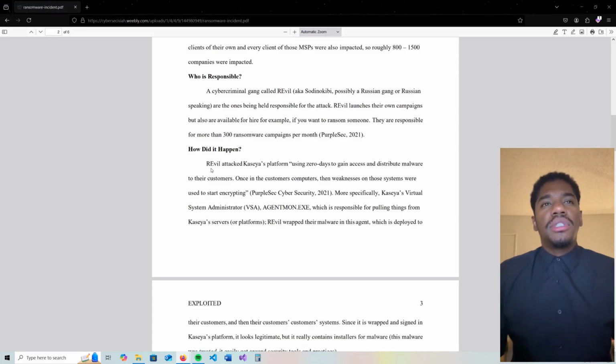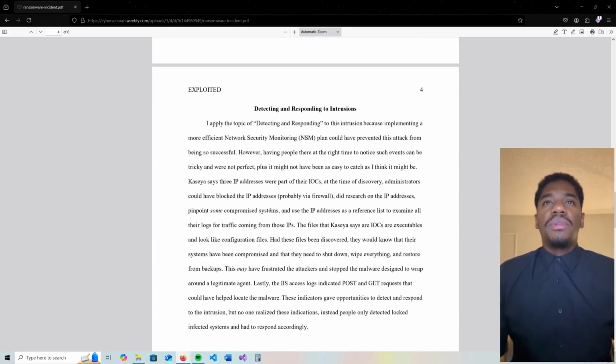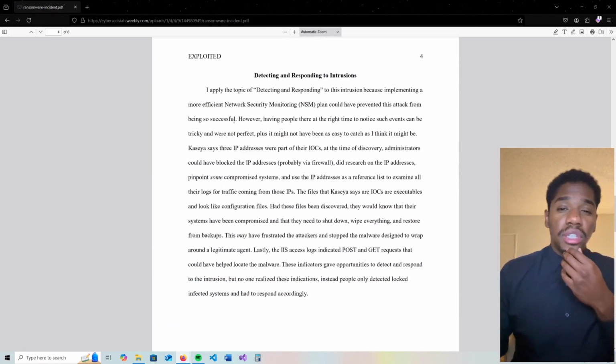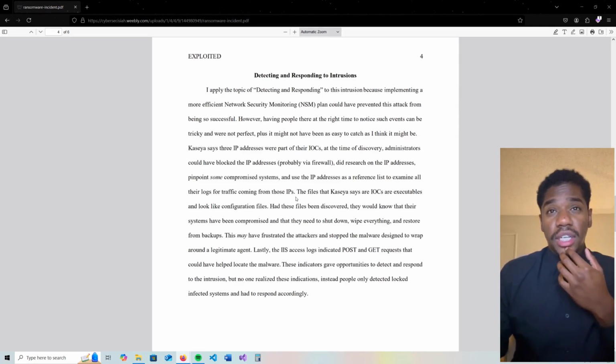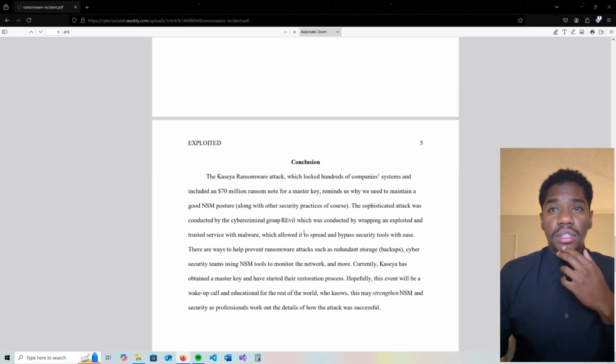And also there was a section in this report about mitigating that attack, such as network security monitoring. There were several indicators of compromise that could help them mitigate that attack and prevent that attack, including suspicious IP addresses, POST and GET requests, and executable files or configuration files that were found on the systems.